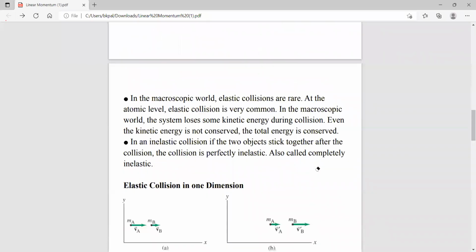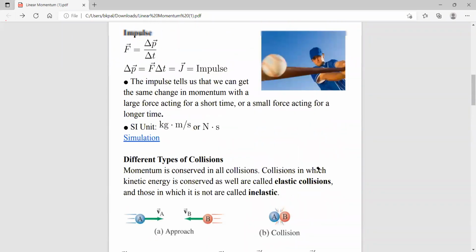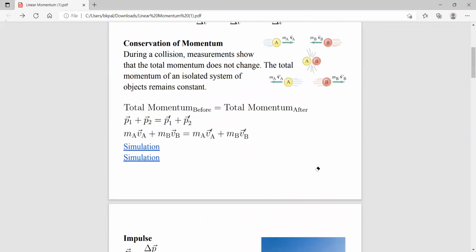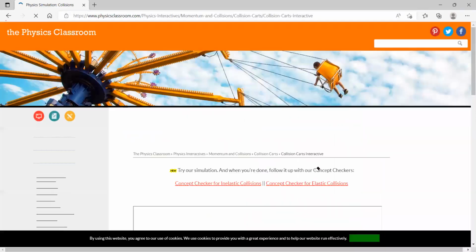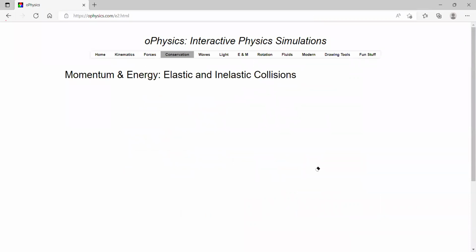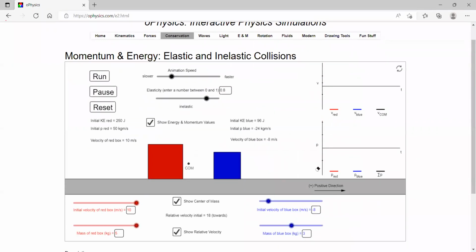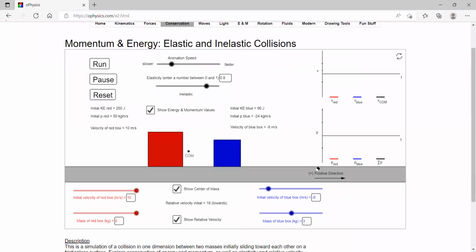The simulation is the same simulation. Not this one, this one. All right, so for simplicity, elasticity should be 1 for elastic.